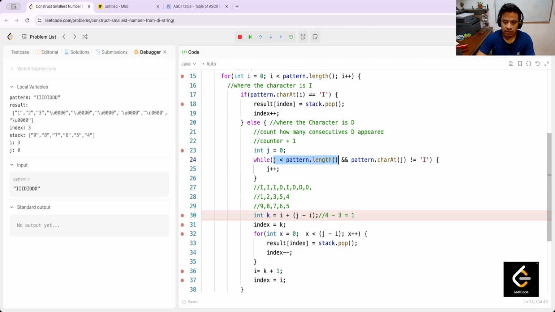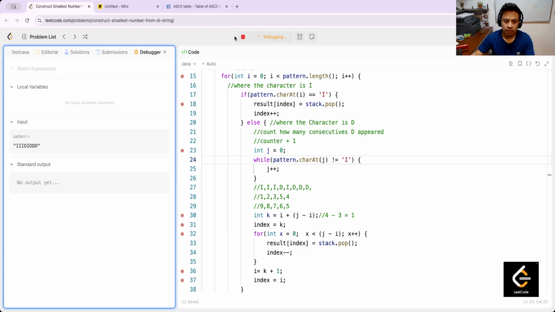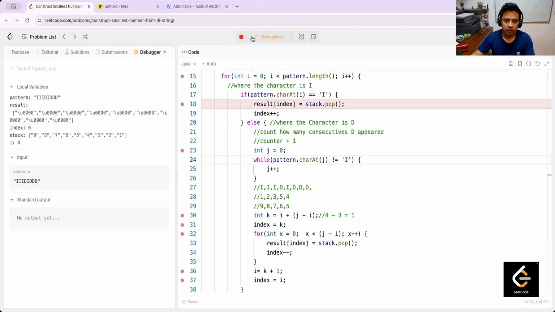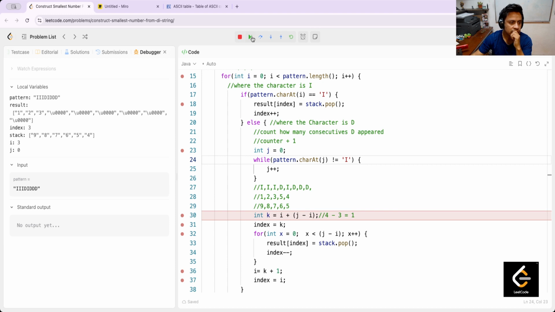This is here, 1, 2, 3, and the 4 is 40. Now here j is equal to 0, why? Sure.